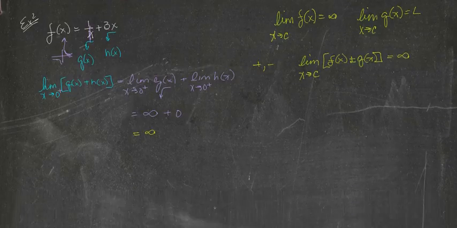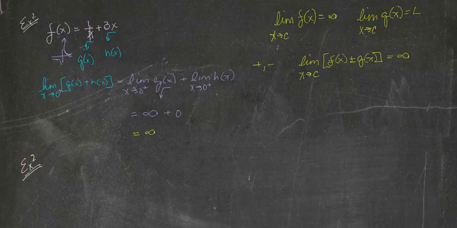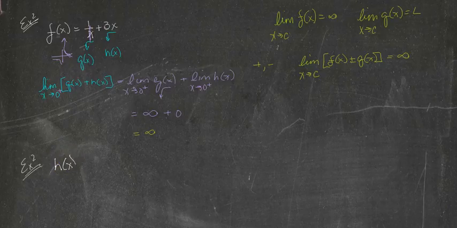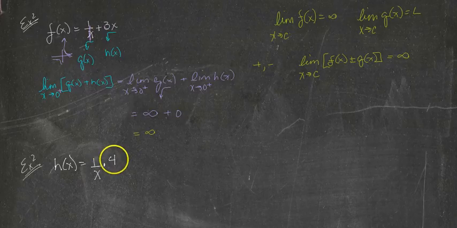Okay, another property then. Well, let's use almost the same thing. Let's say that h of x equals 1 over x times 4.